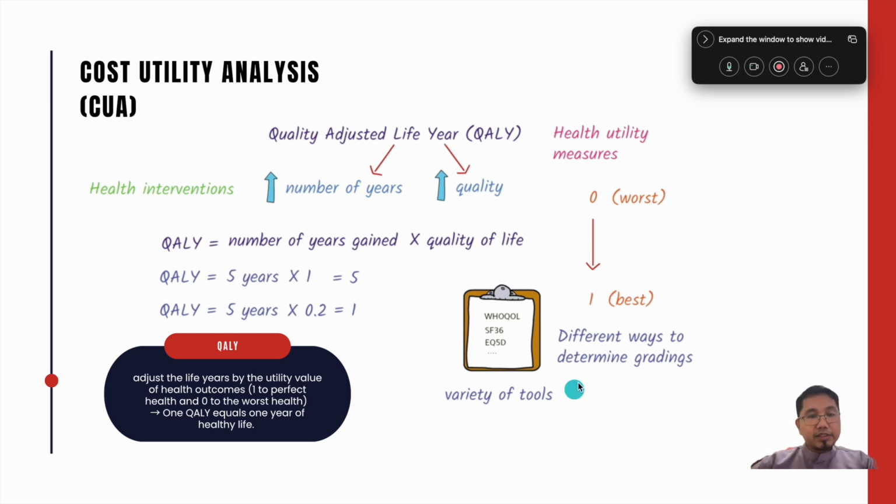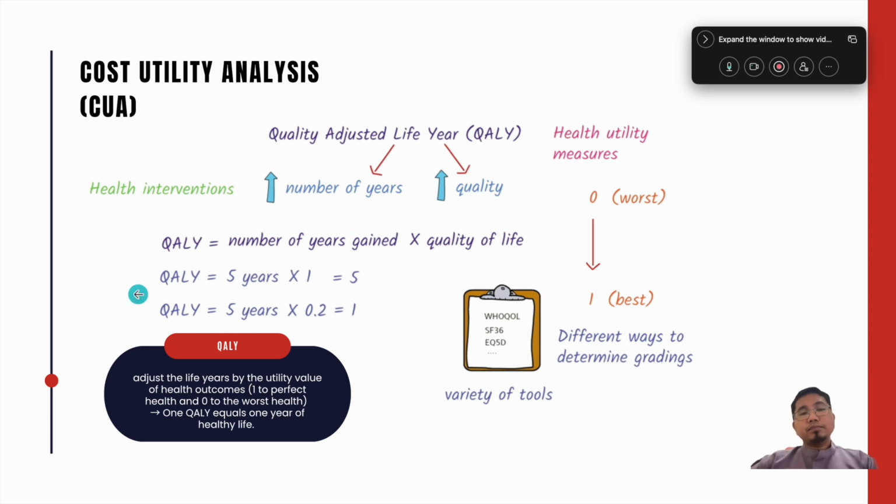So how do we get this utility value, or the quality of life? We can use a variety of tools, I mean questionnaires. Later on I will discuss this. So we can get the QALY by multiplying the quality and the number of years.